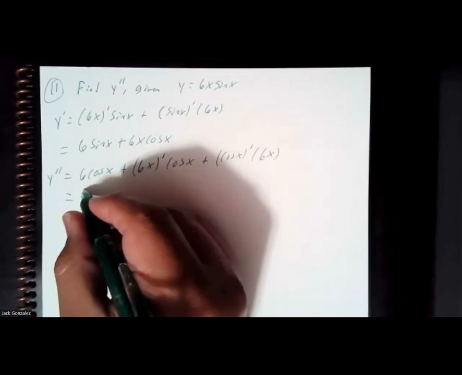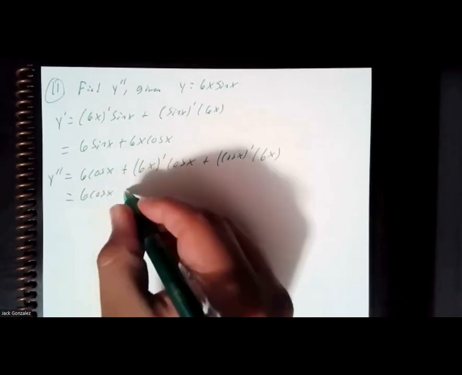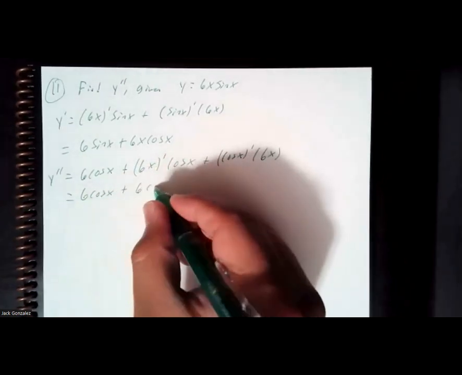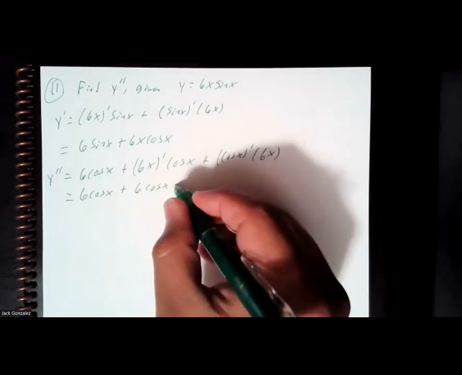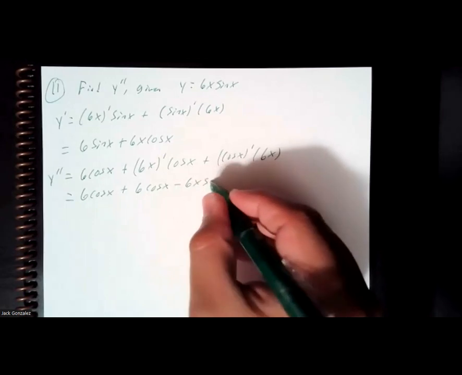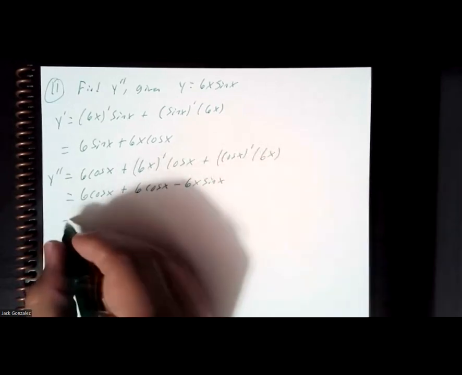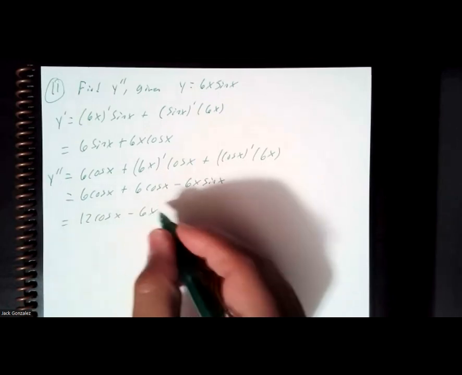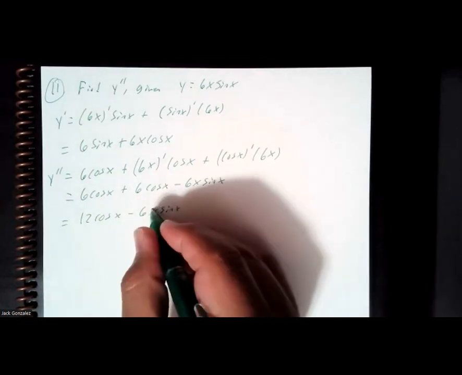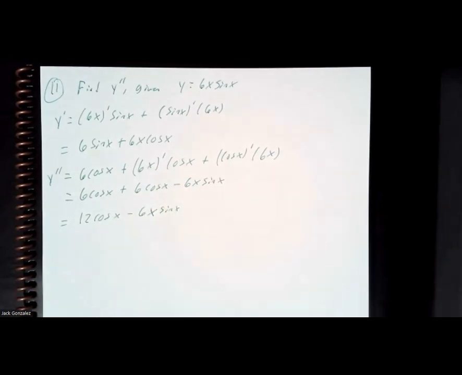So that will be 6 cosine plus 6 cosine minus 6x sine. Hopefully I didn't mess it up. Nope, looks like we're good. C.